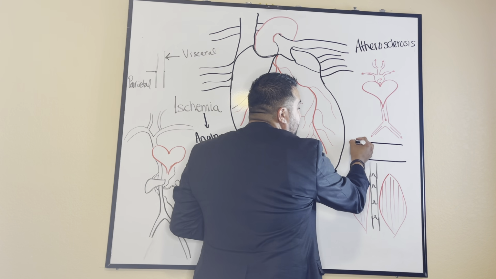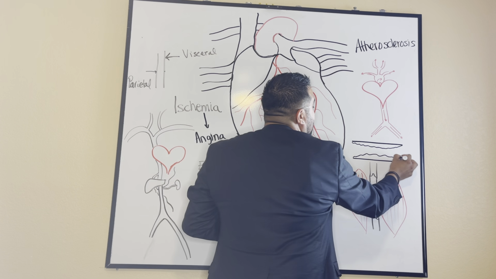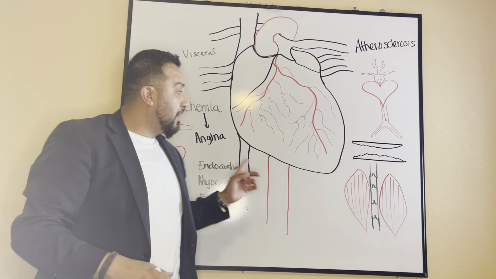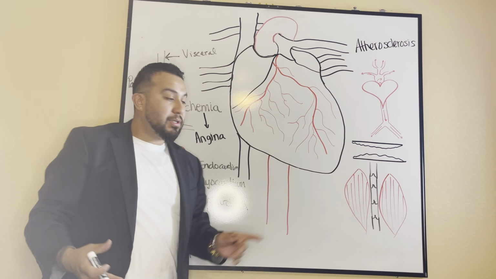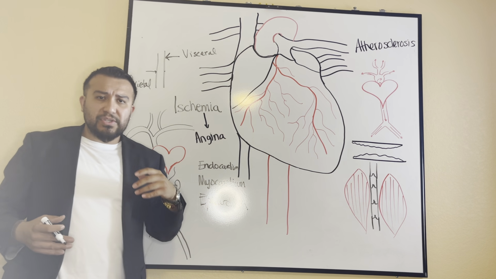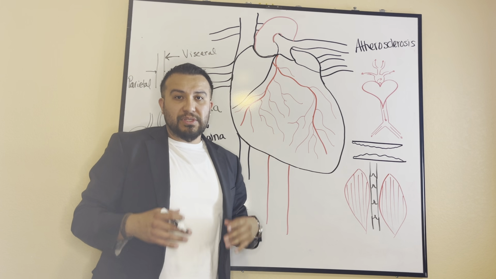And so what it ends up doing is you develop this plaque, this yellow plaque. And the plaque decreases the blood flow of the heart, or it decreases the perfusion to the myocardium, to the heart cells. And this is what contributes to cardiac ischemia. It leads to angina.